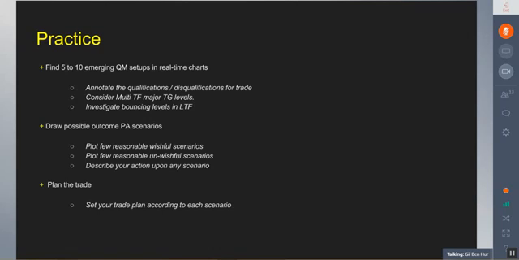Try to find as many as you can, but make it reasonable. I mean, don't overdo it, but try to find the ones that go very good, the ones that go very bad, and the ones in between, and explain to yourself what you're going to do when anything happens. Okay, so that would be your last part.